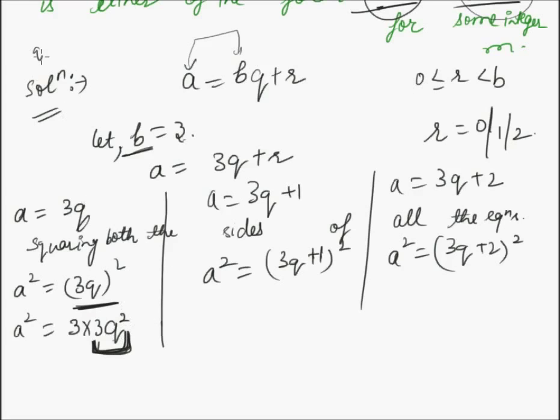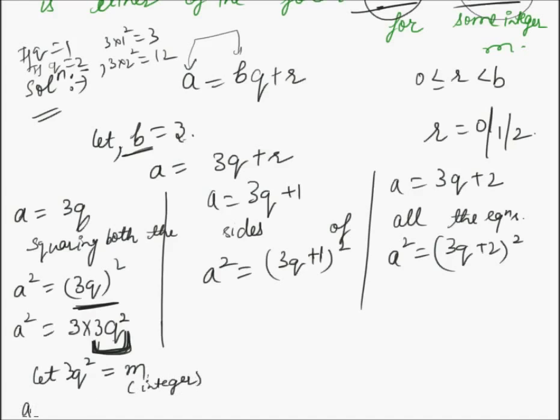That is, if q is 1, this value will be 3 into 1 square, that is 3. If q is 2, this value will be 3 into 2 square, that is 12, and so on for the different values of q. So let us assume that 3q square is some value m, which is an integer. Thus we can say that a square is equal to 3m.